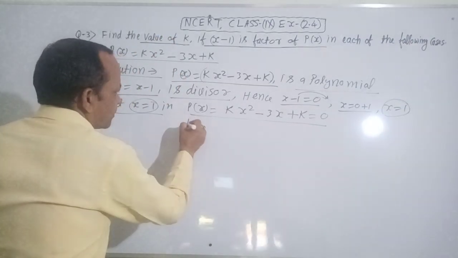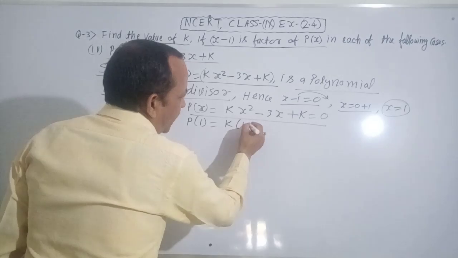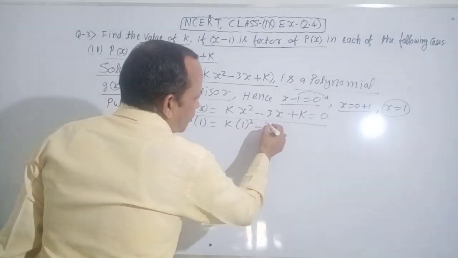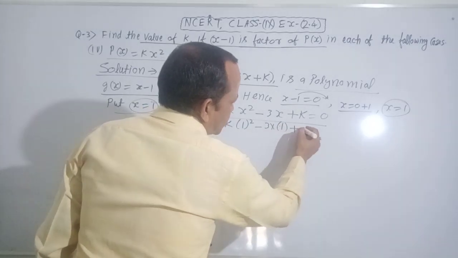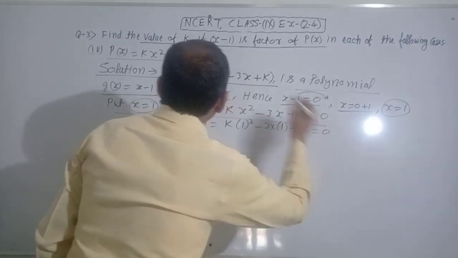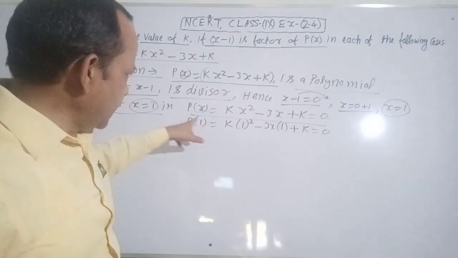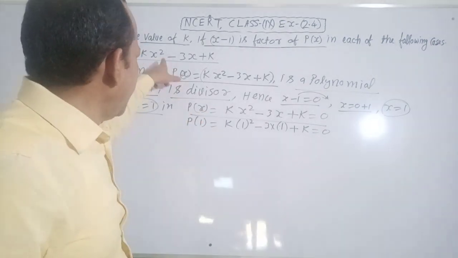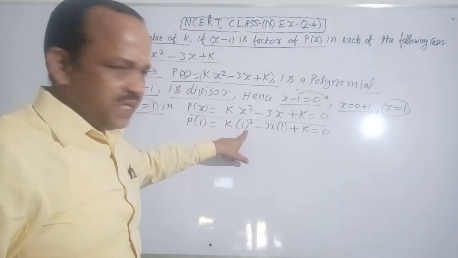It becomes p(1) equal to k(1) square minus 3 multiply 1 plus k equal to 0. Here the value of x is 1. Here x square means 1 square.